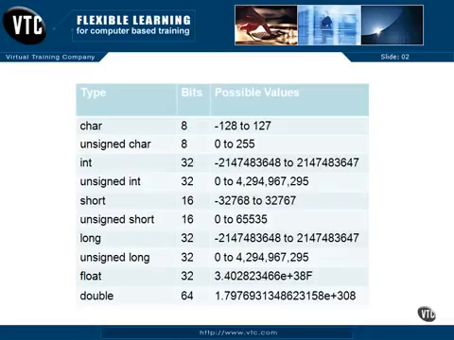Longs are 32 bits, and remember that is a long int, so it can't hold anything but a whole number, and an unsigned long. And then we have our floating points and our doubles, which gives you an idea of just how large a number can be stored in each of those, in floats and doubles.